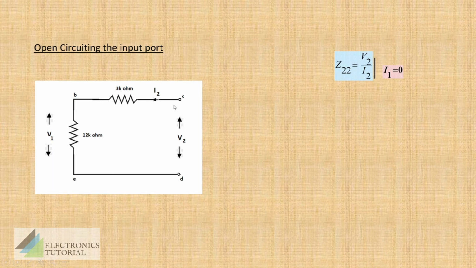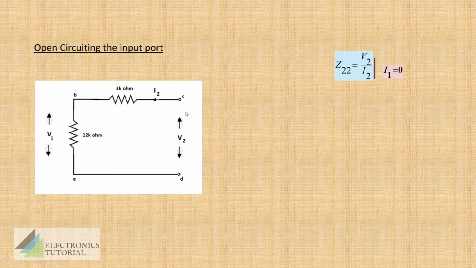While observing this circuit, we can find a closed loop here. Then we'll go for Kirchhoff's voltage law equation. We are familiar with the KVL equation. The algebraic sum of voltages in a closed loop will be equal to 0.